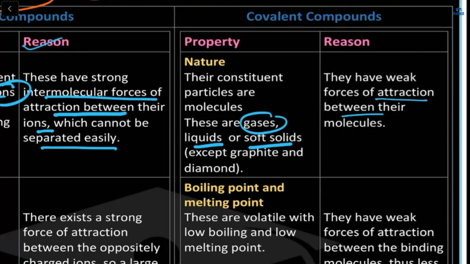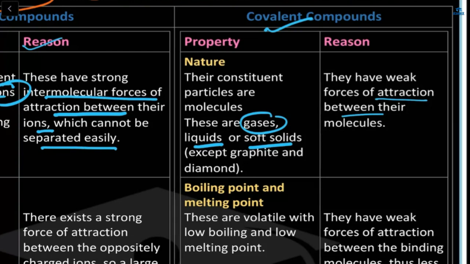Then what are they doing? They are taking help from the other atom to complete their octet, right? They are sharing their electrons with the other atoms. That's why the covalent compound has weak intermolecular forces of attraction and they are mostly in molecules, right? Like O2, and there are other examples like P8, phosphorus 8.